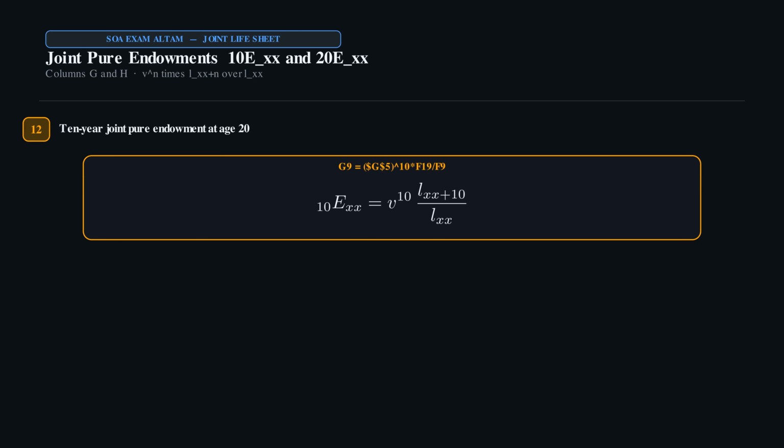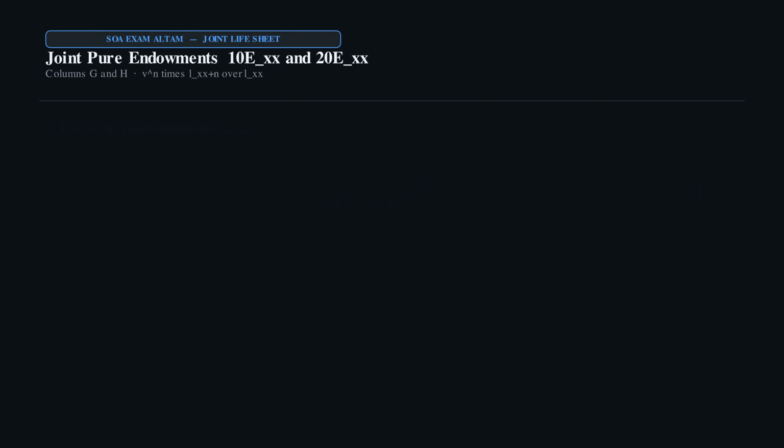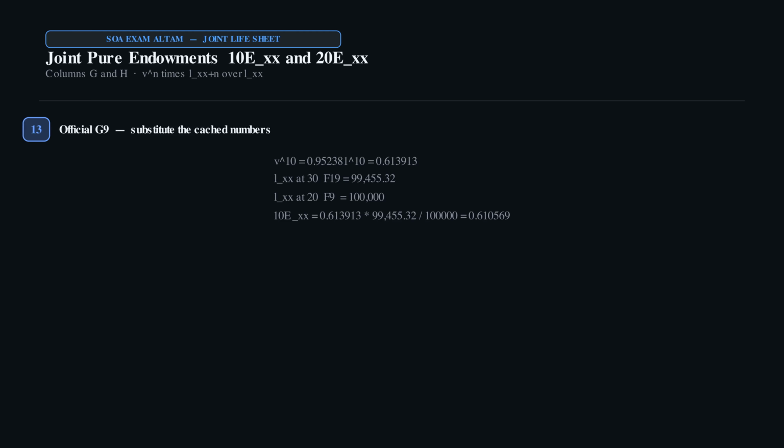Column G is the 10-year joint pure endowment. Discount 10 years and keep only the pairs still jointly alive. In Excel, that is V to the 10th times F19 over F9. V to the 10th is 0.613913.